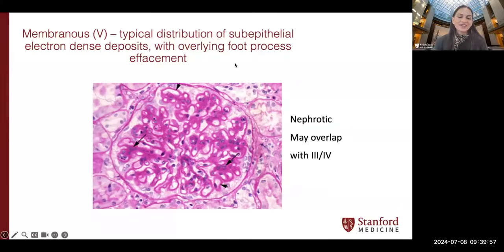And then I wasn't going to talk about this other type, but there is this other type called membranous. And again, this type is the nephrotic type that I was talking about. And so they will have more than 3,000 milligrams of protein. And they can have the class 3 and class 4 that I was talking about with a 5.